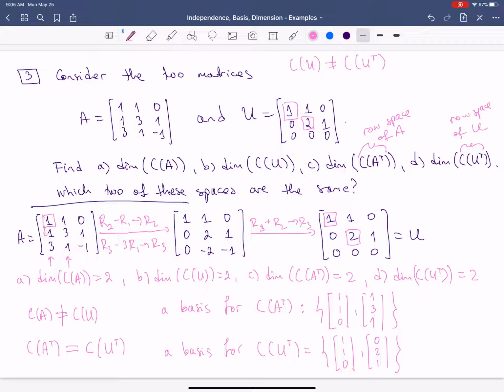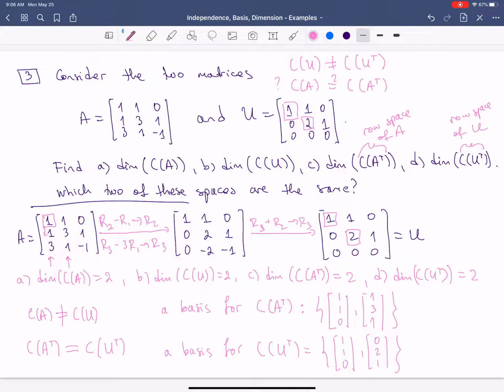How can you answer this question? Is it true that the column space of A is equal to the column space of A transpose, or the row space? In general, these two spaces are not the same. So we're going to have to take a basis for the column space of A, and that basis could be the first two columns, or the first and the last, or the second and the third column.